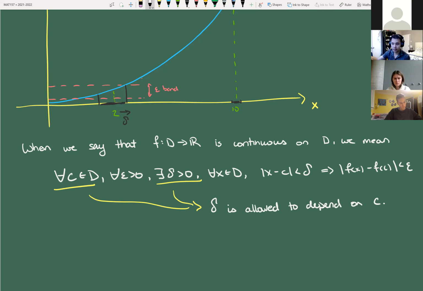That's the rule with existential quantifiers. Once they pop into existence, they're allowed to depend on any variables that came before. So in this case, delta can depend on epsilon, which we know, it's almost always written in terms of epsilon, but also in terms of C.